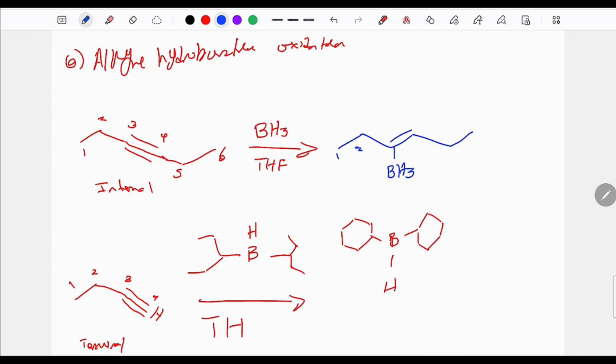Again, remember, it's perfectly fine to use a BH3 for internal alkynes. And of course, this would be H2 and H over there. And it adds in a syn fashion. Okay? So the BH adds in a syn fashion.